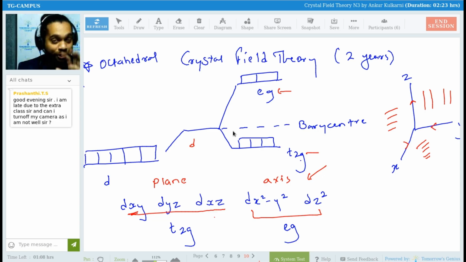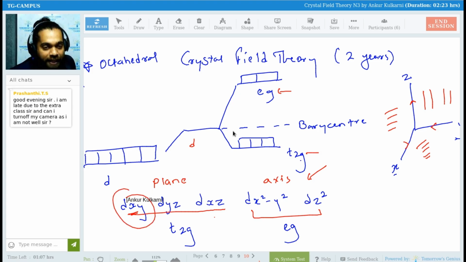So, just like you do not know about your name, but we know about the orbital names. Why their names are XY, YZ, and XZ. We know because these XY, YZ, and XZ are the planes. If you look at the axes, we have X, Y, and Z axes. So dxy means the orbital is in the XY plane.